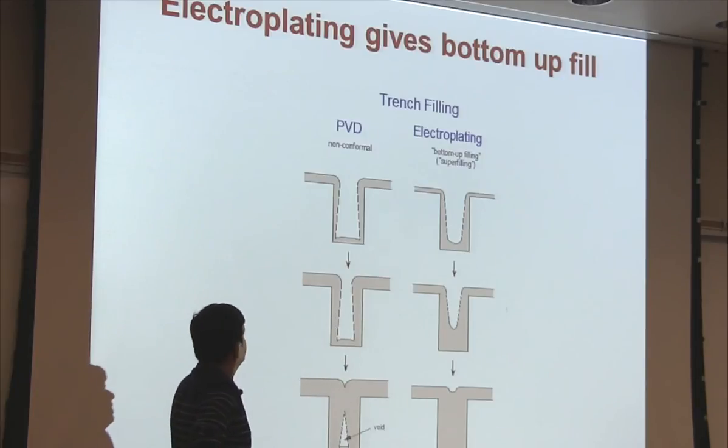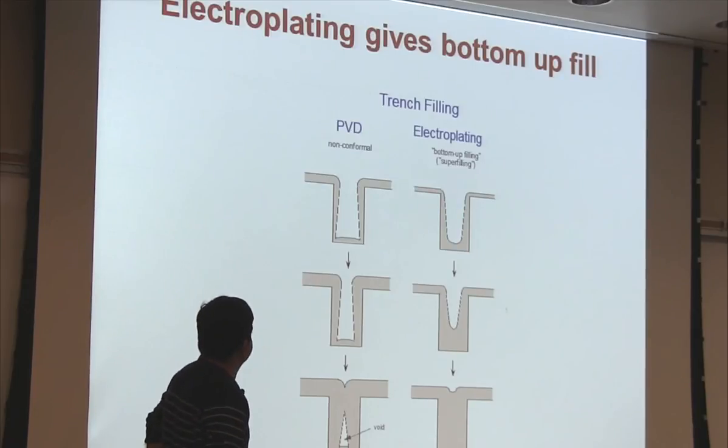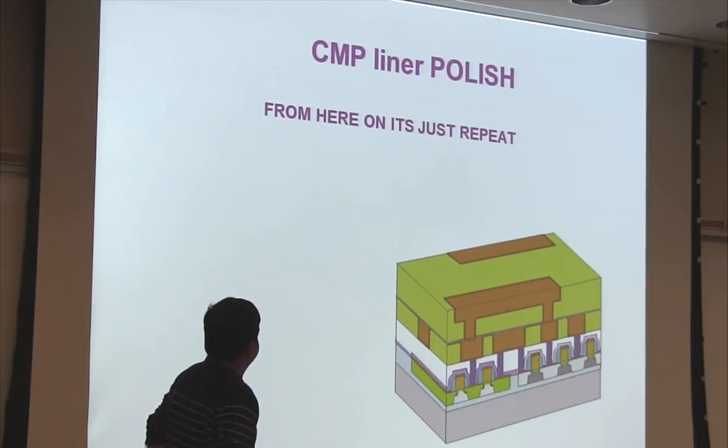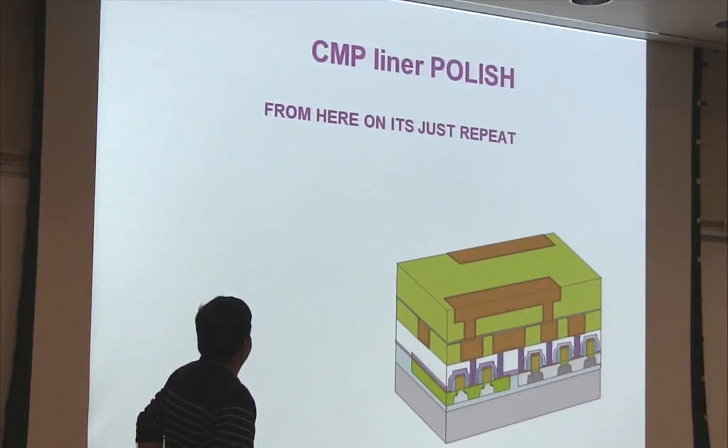So that's an advantage of doing electroplating versus a PVD process. The next step after that is to essentially CMP your material off. So there's a CMP step, and you polish your copper off.